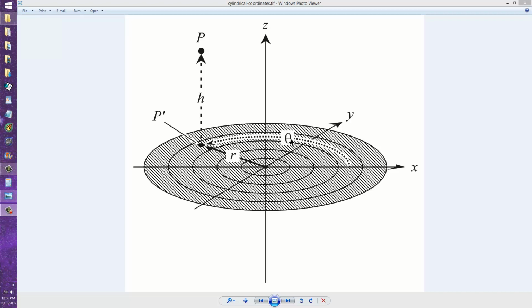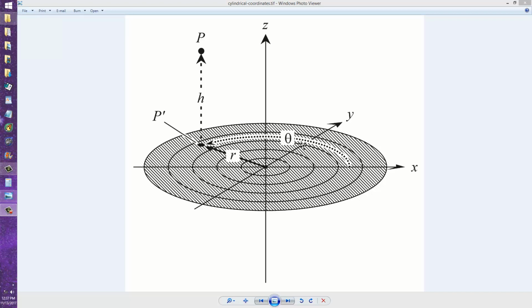Generally, the coordinates are listed in the order theta, r, h, although you might also say r, theta, h. Three coordinates, but they're defined according to different parameters. So point P, as in papa here, has the coordinates theta, r, h.